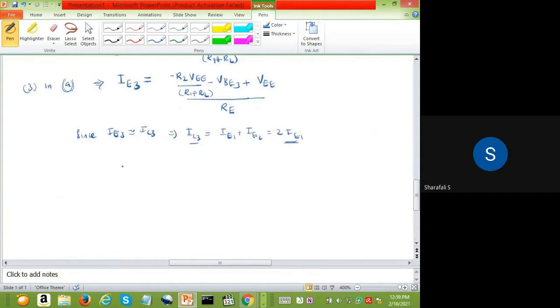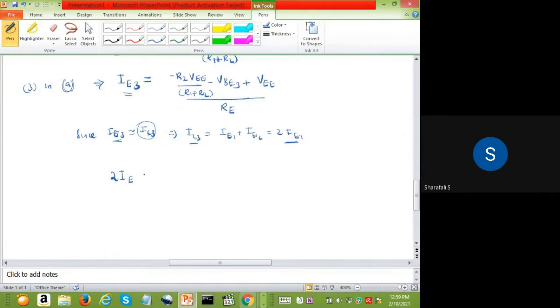Now if you put this one, IE3: IC3 is this. So IE3 will also be the same, because IE3 is almost equal to IC3. For a transistor, IE will be almost equal to IC.